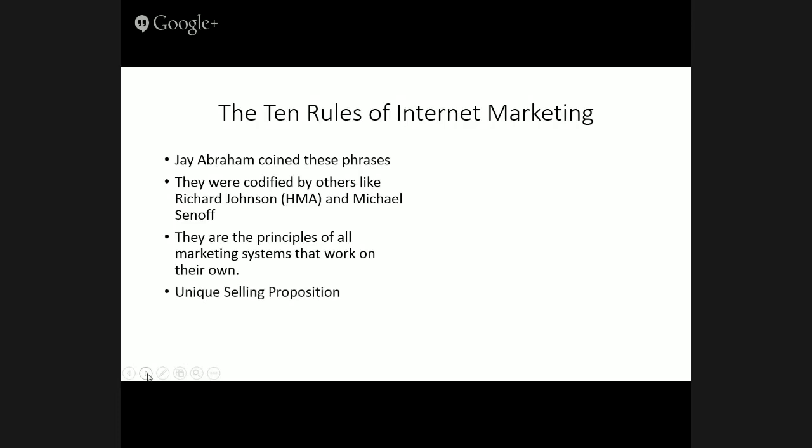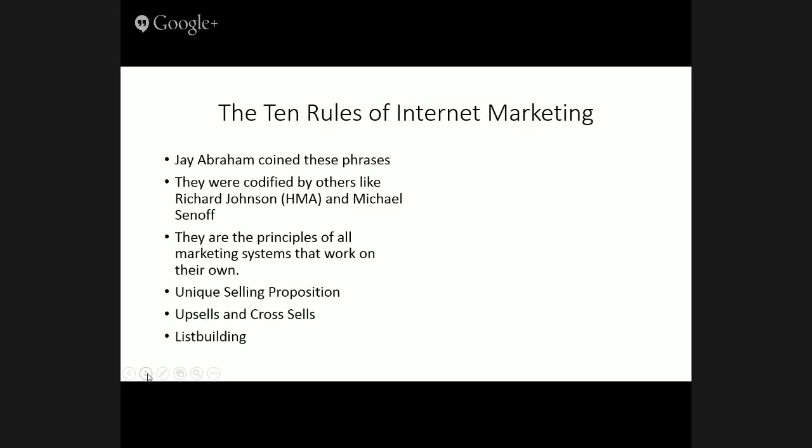A small business needs to have a unique selling proposition, needs to know why people buy from you, uniquely, right? A small business needs to have upsells and cross sells. They need to be able to take advantage of the fact that a buyer is there by giving them everything else they need to succeed or enjoy the product, right?